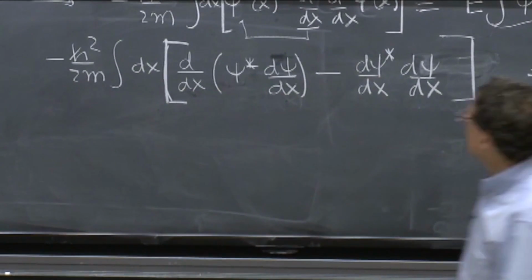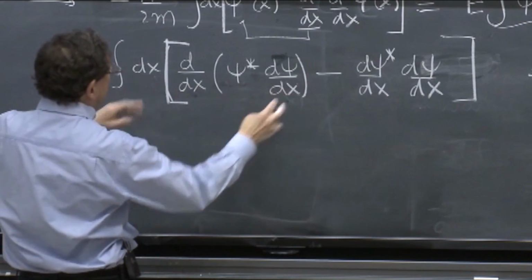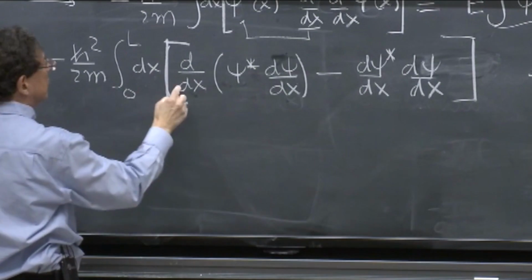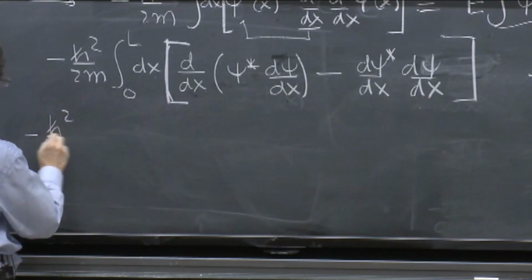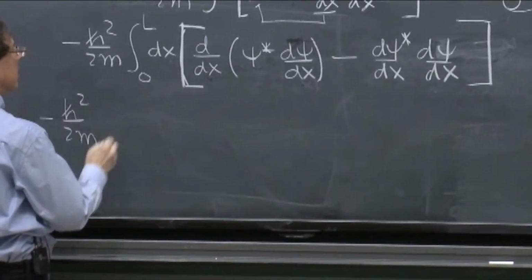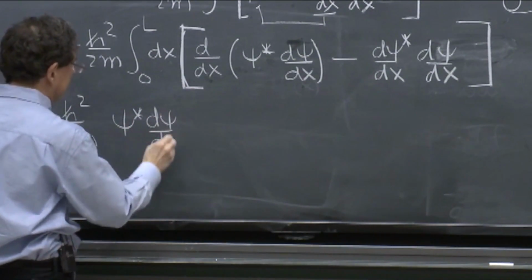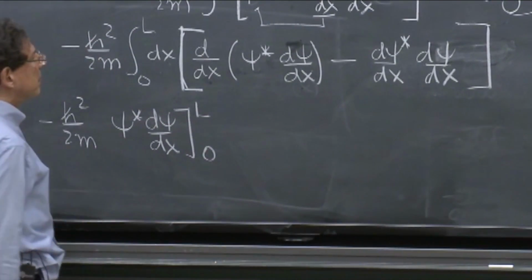Now, d/dx of something, if you integrate over x from 0 to L, the derivative of something, this would give minus h bar squared over 2m psi star d psi dx evaluated at L and at 0.